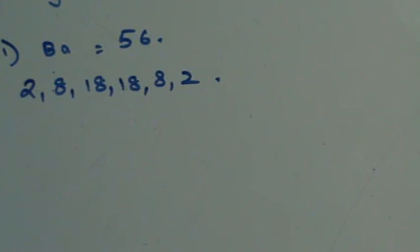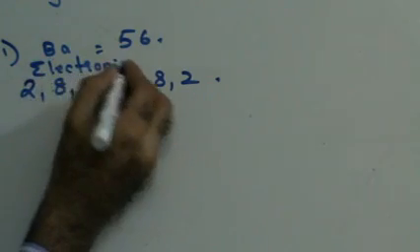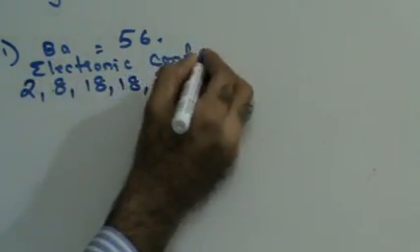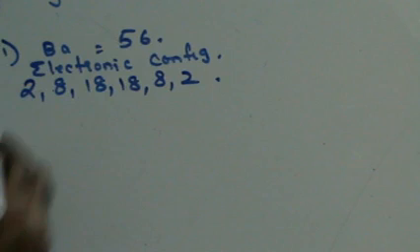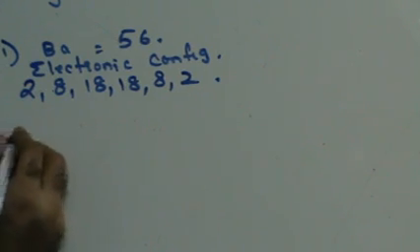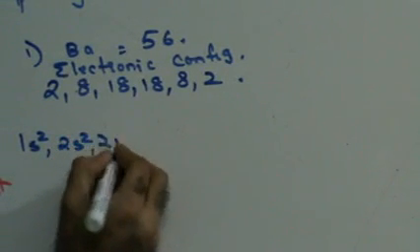Right? If I were to classify this on the basis of Rutherford's model, its electronic configuration would have been 2, 8, 18, 18, 8, 2. Right? So let's try seeing this. 1s2, 2s2, 2p6.